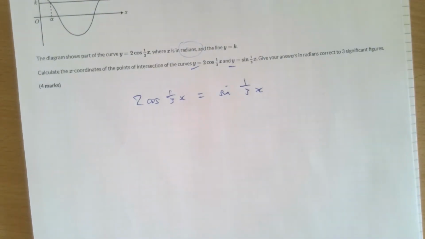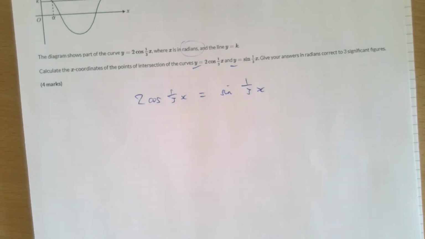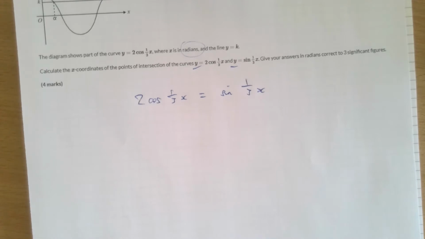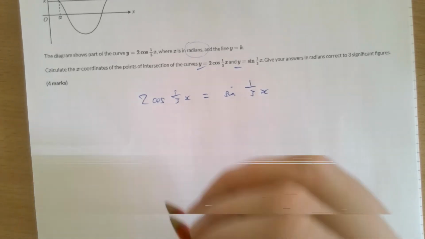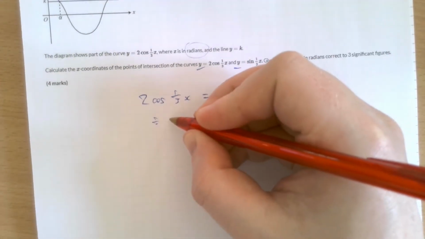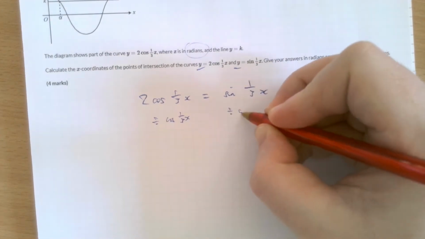Now, I can rearrange this into a form where I have a single trigonometric function, not sine and cos in individual places, but a single trig function in one place. I'll do it as follows: dividing both sides by cos a third x.